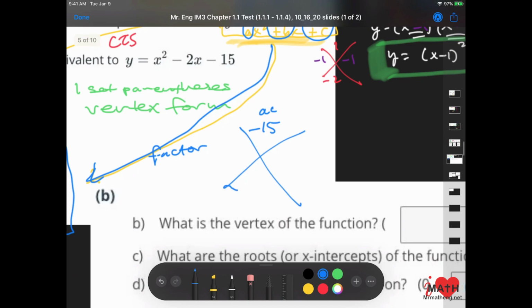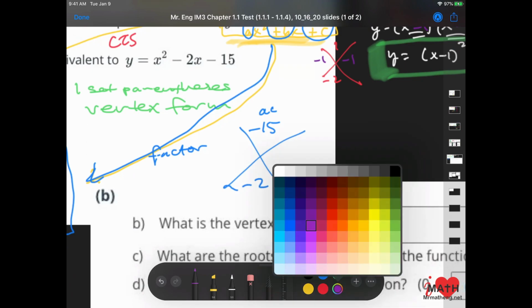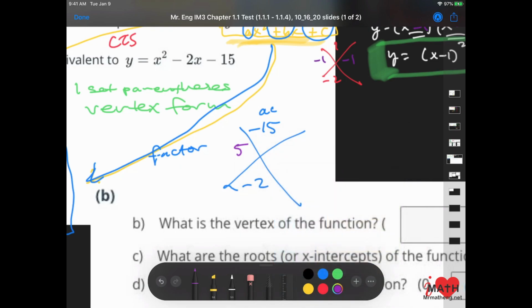My two numbers, when you multiply them, are 5 and 3. But when you add them together, it has to equal negative 2, so this one has to be a negative 5. Negative 5 plus 3 equals negative 2. Remember, you're adding those, the ones in purple, and you are multiplying this direction. Okay, what does that mean for us?